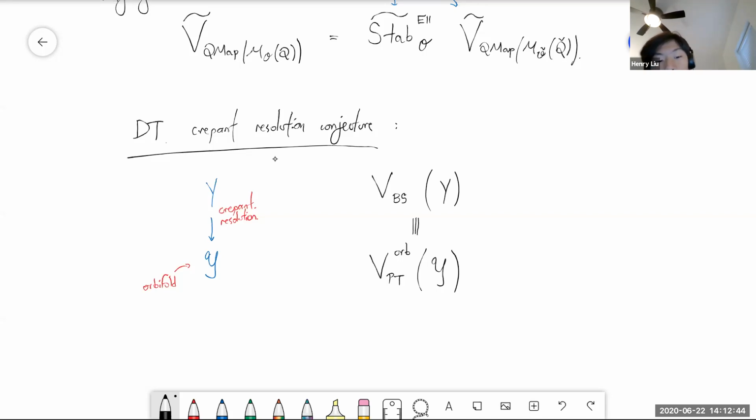And here I'm writing equals like this because we have to be a little bit careful. These two objects are a priori series in some variables, but it turns out that this equality is, how to say this.